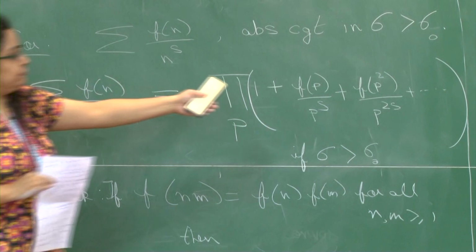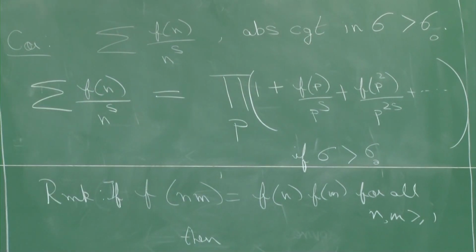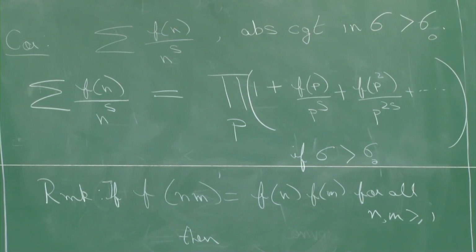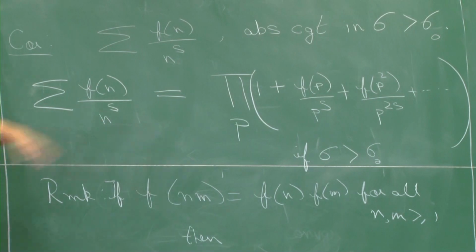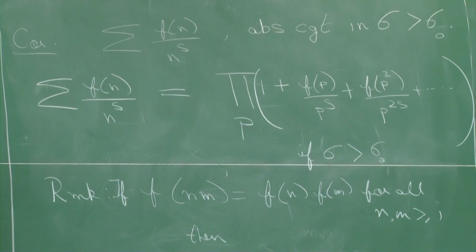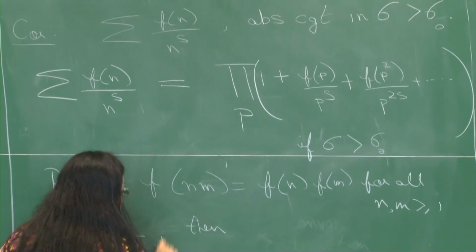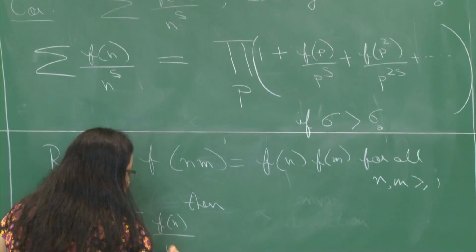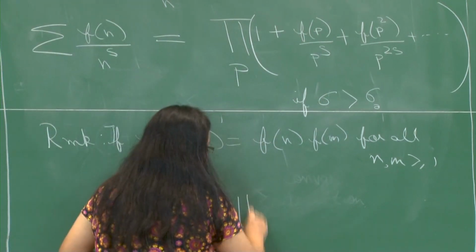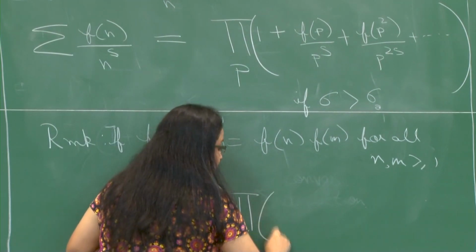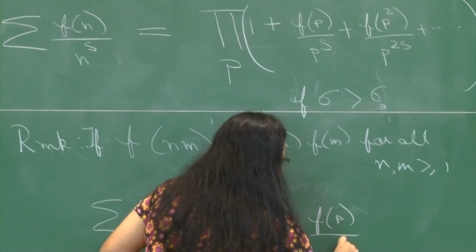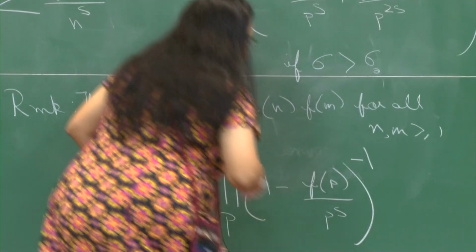What is that? f of p square can be written as the square of f of p, f of p cube can be written as the cube of f of p, and so on. So, this just becomes a geometric sum with ratio f of p over p to the s, and therefore, with the same conditions as above, this turns out to be equal to the infinite product over all the primes of 1 minus f of p over p to the s, inverse.